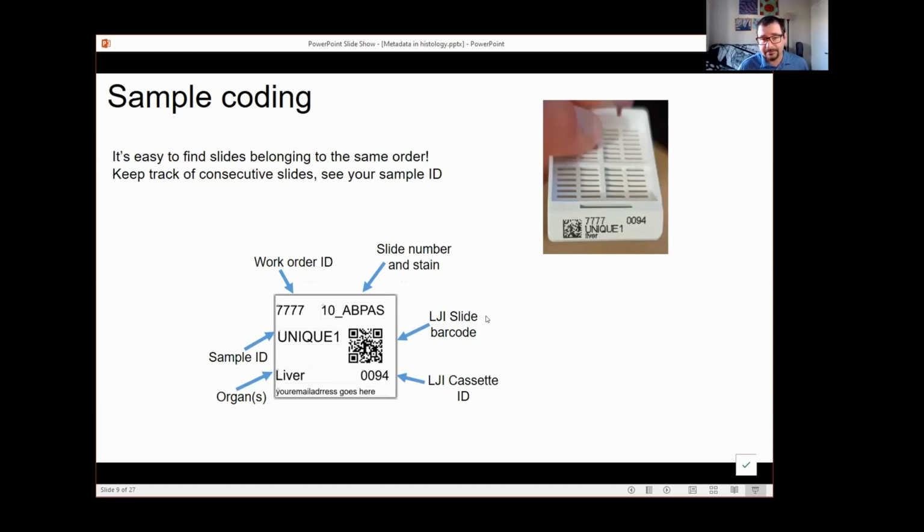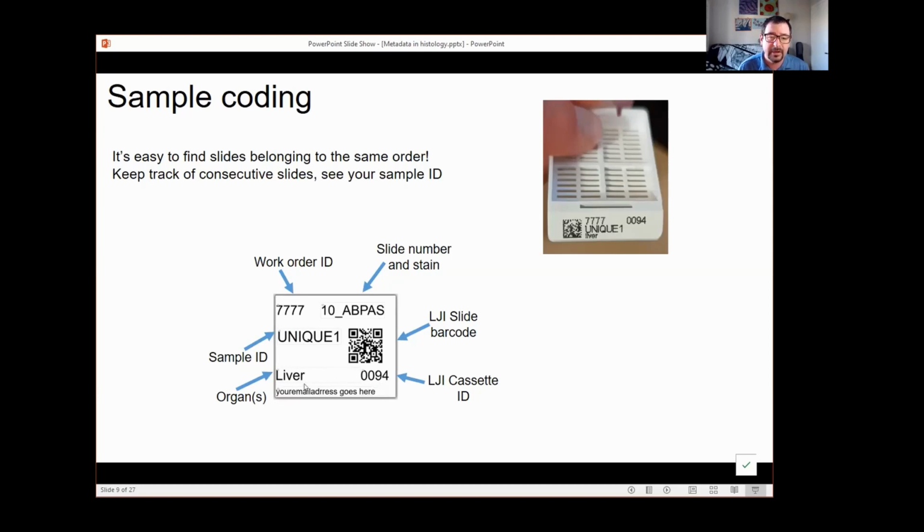In terms of the slides, a lot of this information is inherited. So we have the work order ID. That's our Kanban, our group of blocks, slides, and derivative materials or scans. We have our sample ID, that's mostly for the user. We have the organs or other kind of information that we want to put on the label.